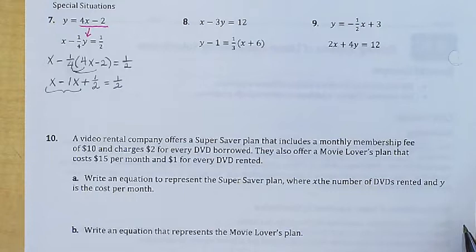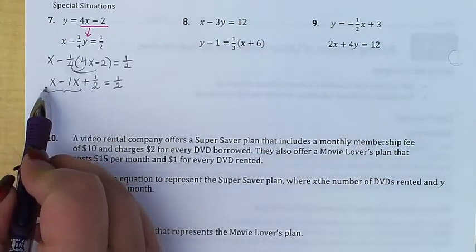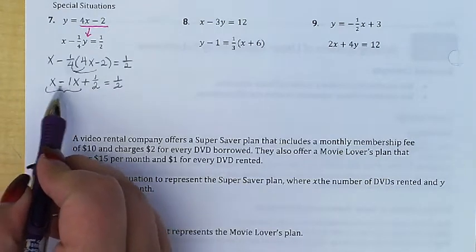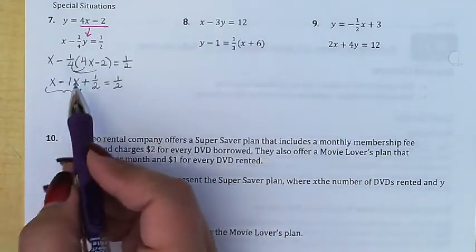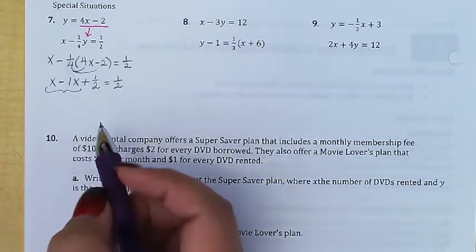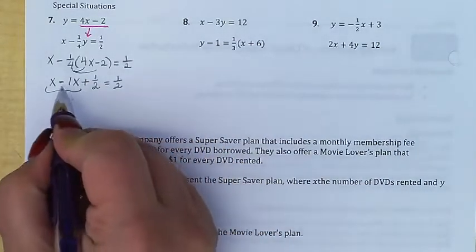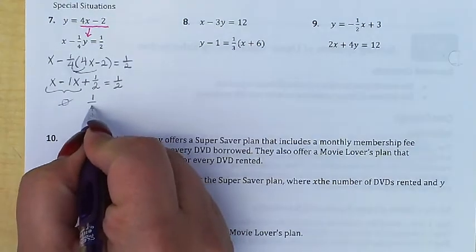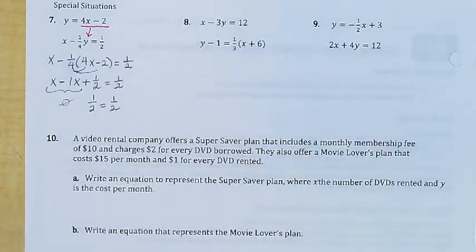I have two x terms, so I go to combine them. And this is where you realize something's going to happen, because when you combine the positive 1x and the negative 1x, they are going to cancel out. x minus x is 0. So that cancels itself out. Those guys are gone. You could write a 0, or you could just say, hey, these guys went away. And our variables disappear, and we are left with a statement that just has 1/2 equal to 1/2.